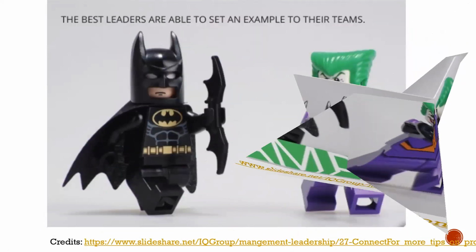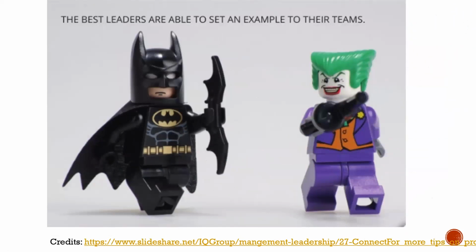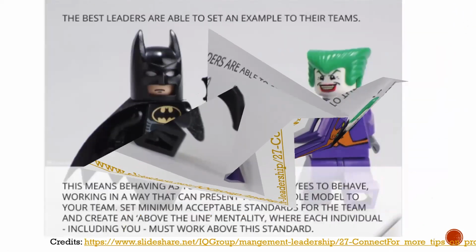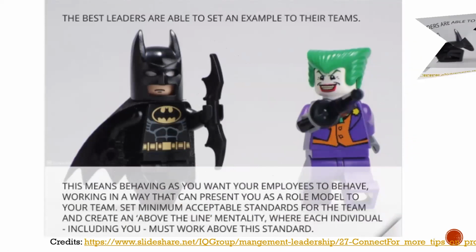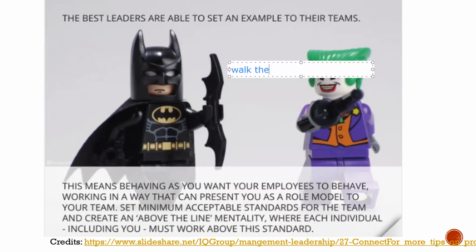And the best leaders are able to set an example to their team. So they set a good example. This means behaving as you want your employees to behave. In other words, you don't just say what you want people to do, but there's a term called walk the talk. What you say, you have to do it too, so that people will follow.